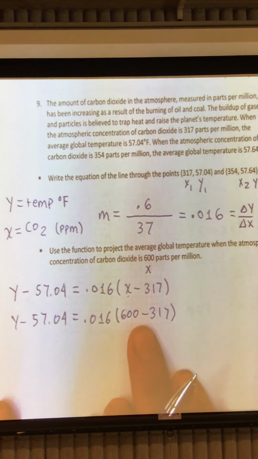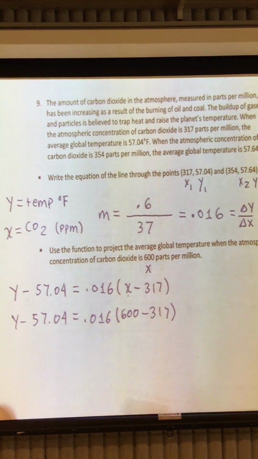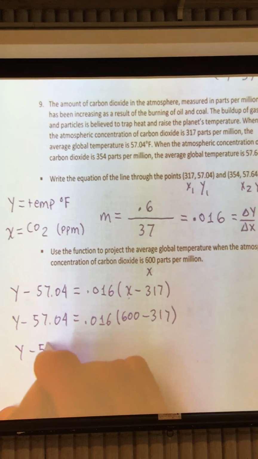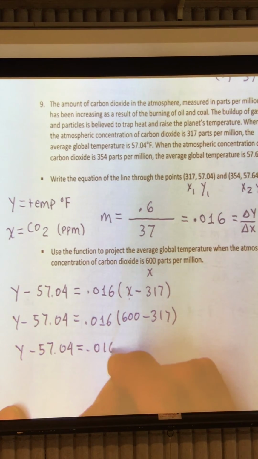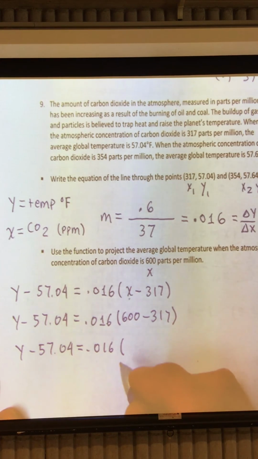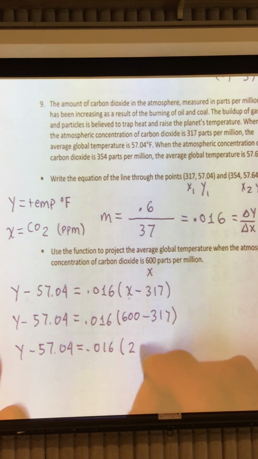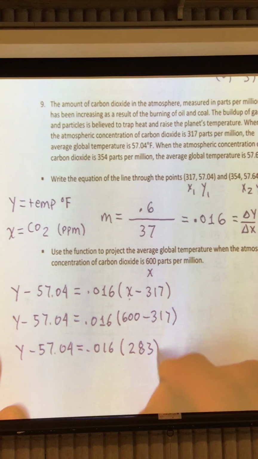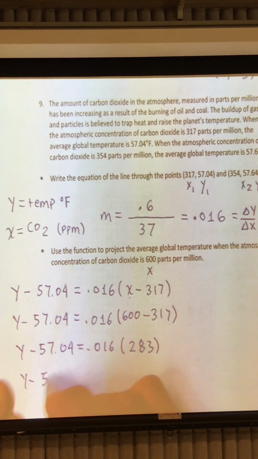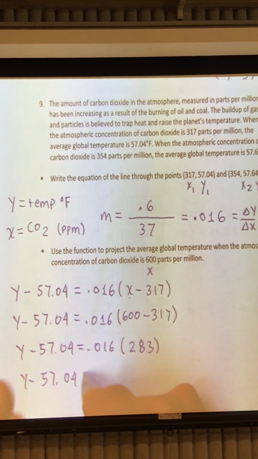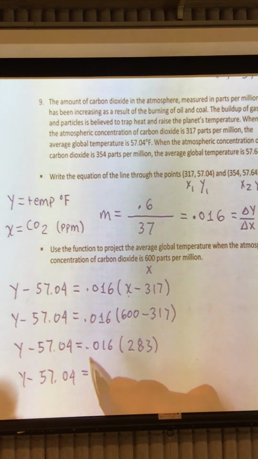And simple things first, do the subtraction inside the parentheses there. Y minus 57.04 is equal to 0.016 times 283. Now we'll multiply 0.016 times 283 and have 4.53.